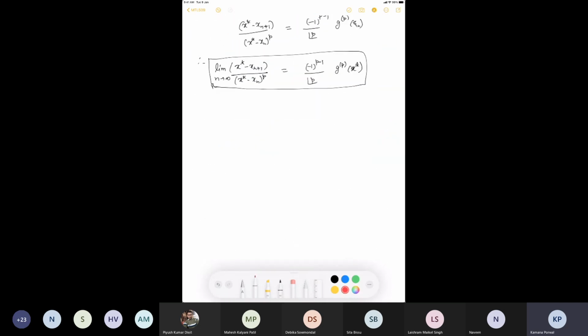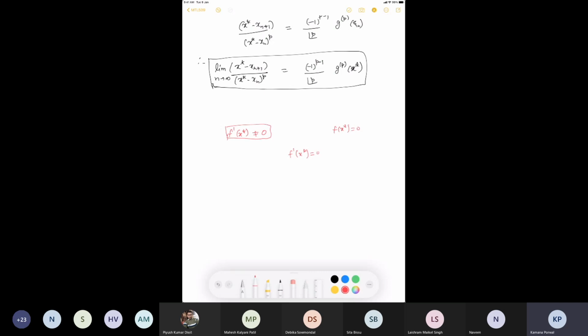If you recall, we were assuming every time that f prime of x star is not equal to 0, which means that we were taking it as a simple root. So when we talked about x star being a root of f, we were always talking about a simple root, that is, the multiplicity of the root is 1. In case f prime of x star is equal to 0, or maybe its higher order derivatives also vanish, then x star is a root of multiplicity higher than 1.